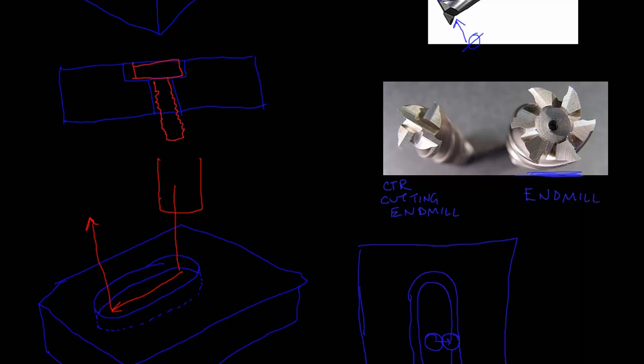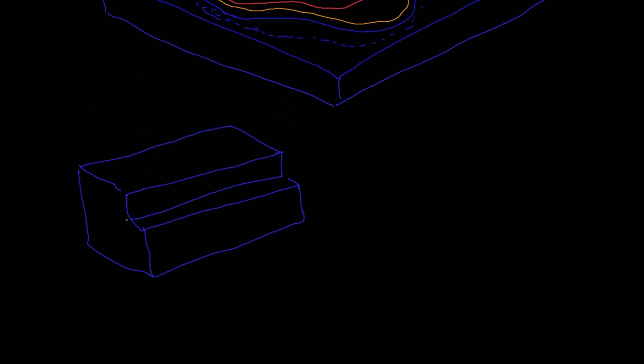Okay, so if we just use the end mill that doesn't have a center cutting portion of it, I'll just switch to red here. You would have to come down off of the material. So here's the cutter, and then come across, and then go back up.